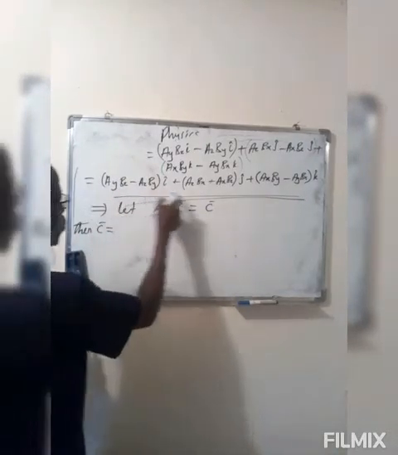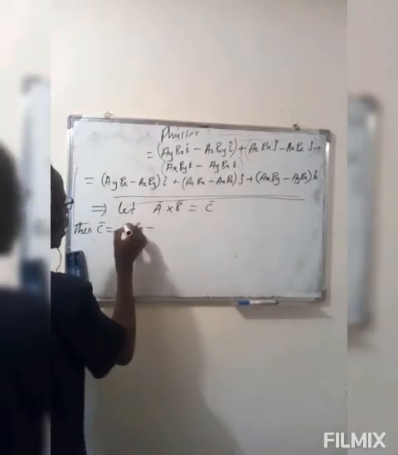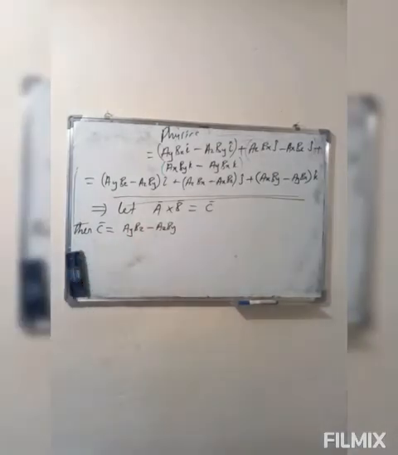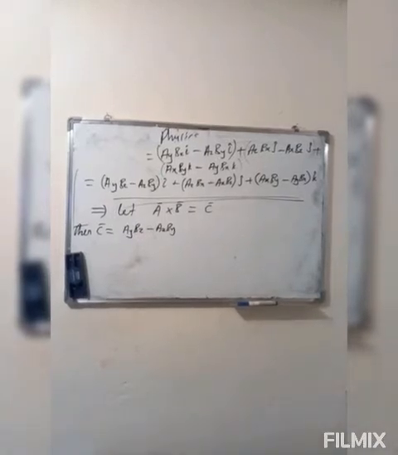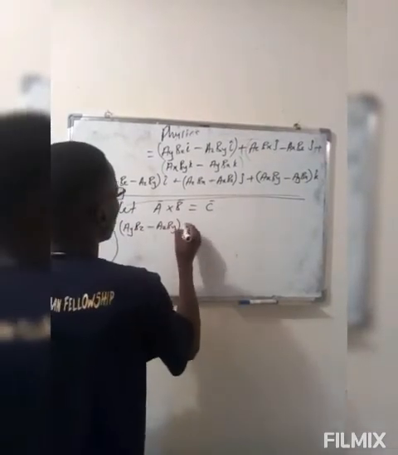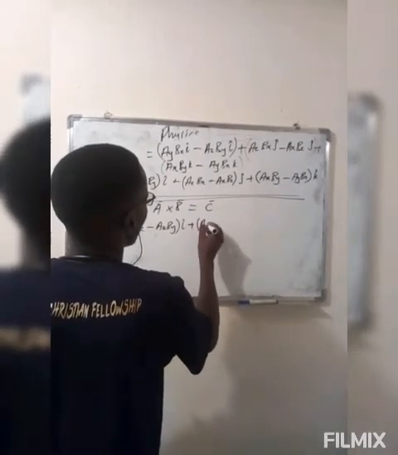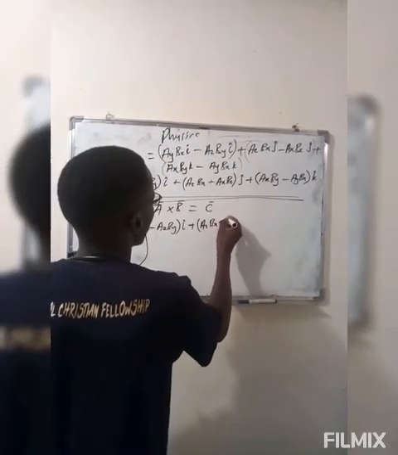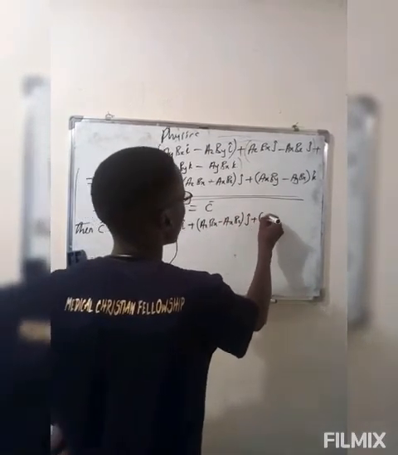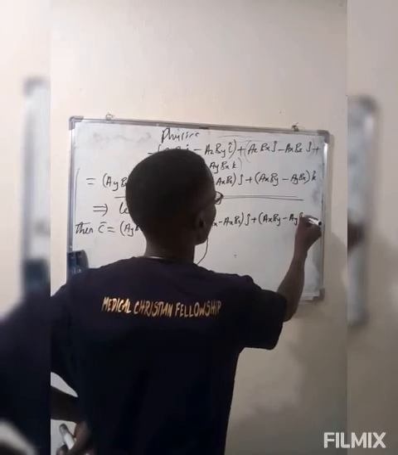It's going to be equal to ay bz minus az by i plus az bx minus ax bz j plus ax by minus ay bx k.